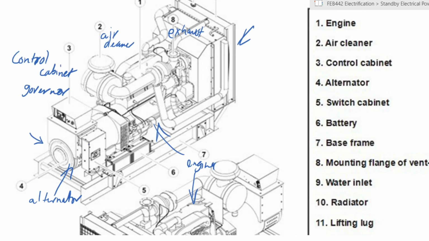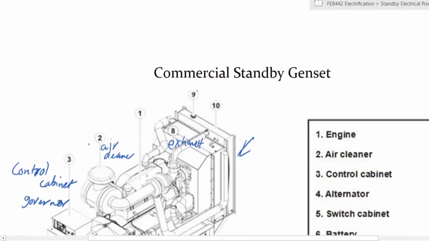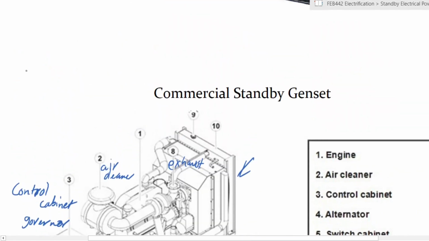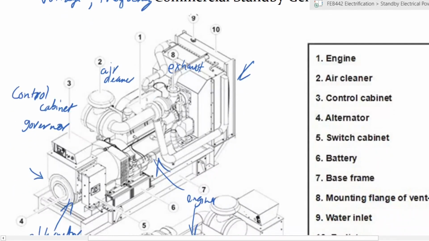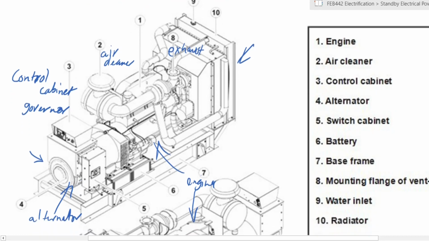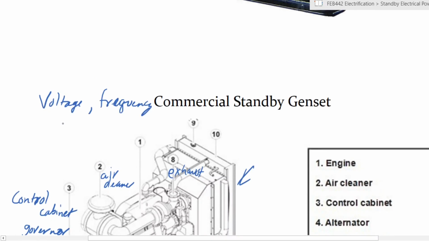Remember that you must provide your power at a specified voltage and frequency. The voltage is controlled by the alternator, right? That one is fixed within here, and the alternator itself has its own regulatory apparatus. The frequency is controlled by the speed that the engine is running.